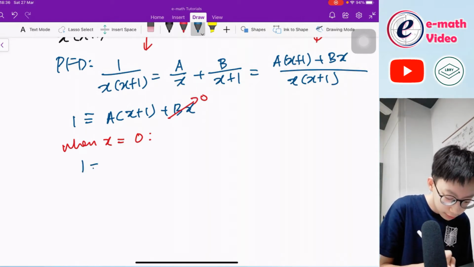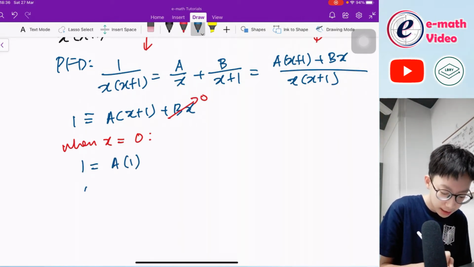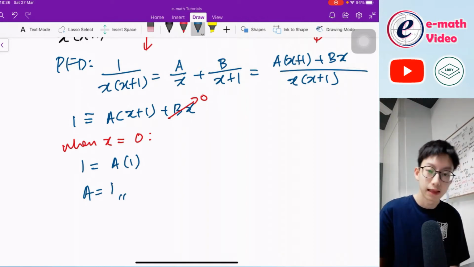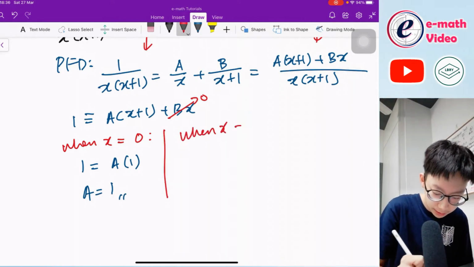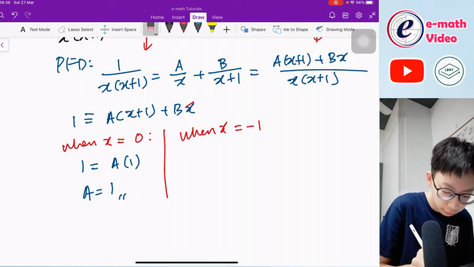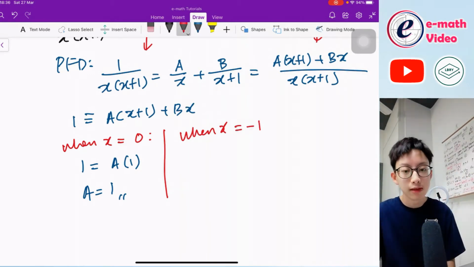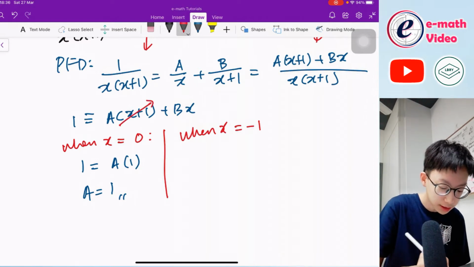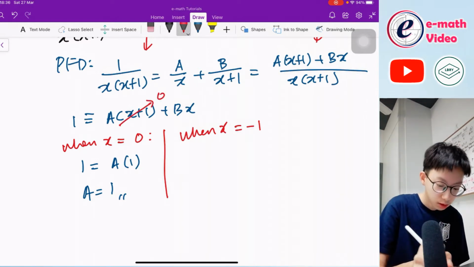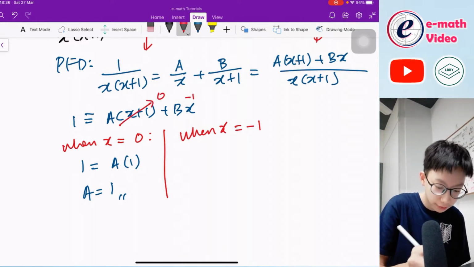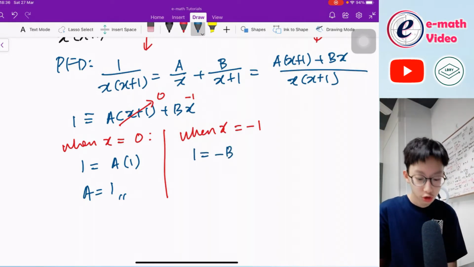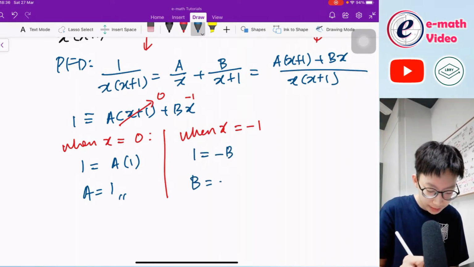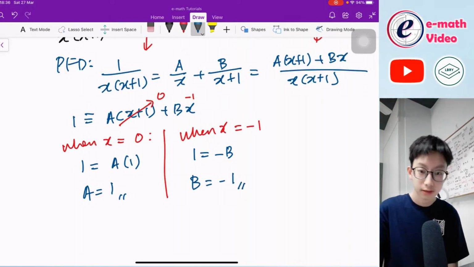So 1 equals a times 1, so a equals 1. Then when x is negative 1, because I want to do the cover-up method, this will be 0 and this will be negative 1 times b, which is negative b. So b will be negative 1.